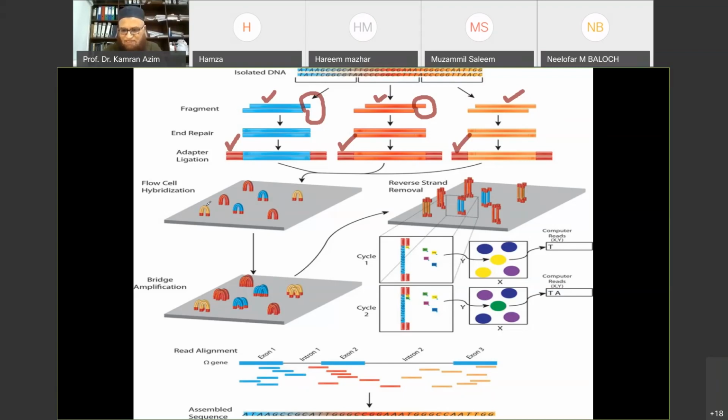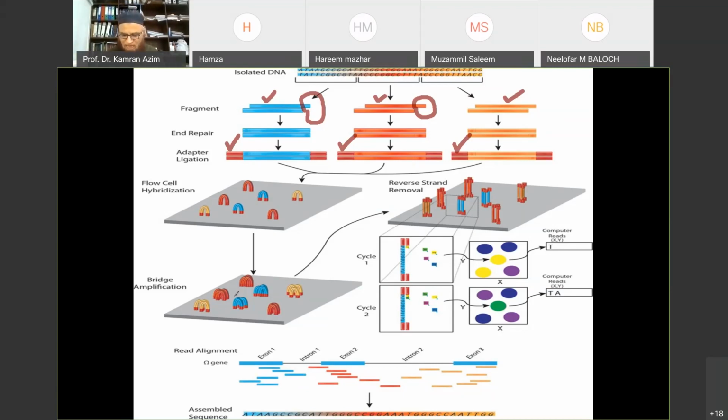After attachment to the flow cell, a hybridization process occurs, in which the DNA molecules hybridize with each other. Then every DNA that is hybridized and attached on the flow cell is amplified using DNA polymerase, a sort of PCR.